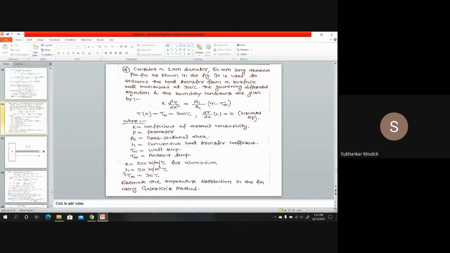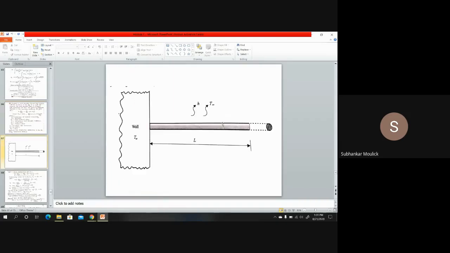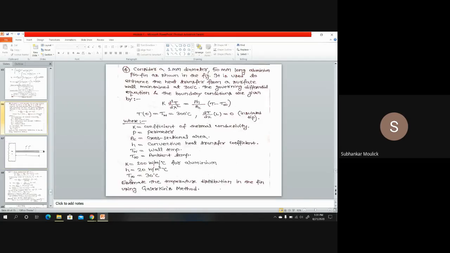The value of K, the coefficient of thermal conductivity, is given as 200 watt per meter per degree Celsius for aluminium. That means this fin is made up of aluminium. The value of the convective heat transfer coefficient is given as 20 watt per meter square degree Celsius.